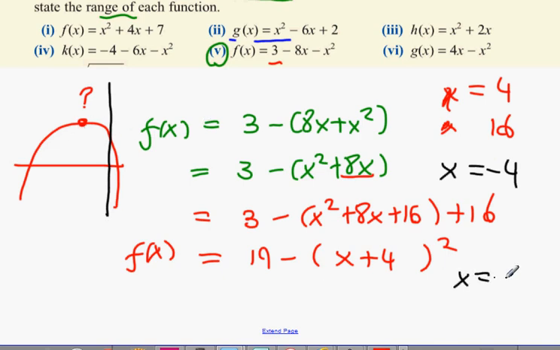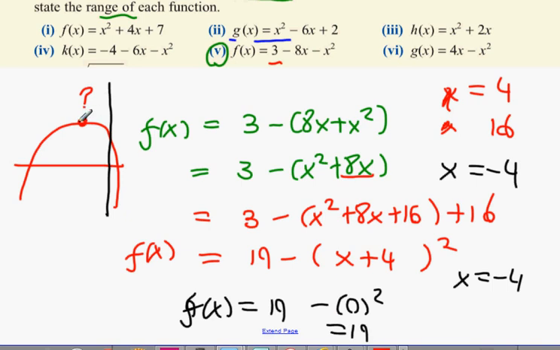So when we replace in x equals minus 4, f of x is equal to 19 minus 0 squared, which is 19. This means the maximum value is 19. The point is minus 4, 19. Okay? And that means that's the maximum point. Then, once this is done, we know that the range has to be any y value below that, which is y less than or equal to 19. Okay, guys?